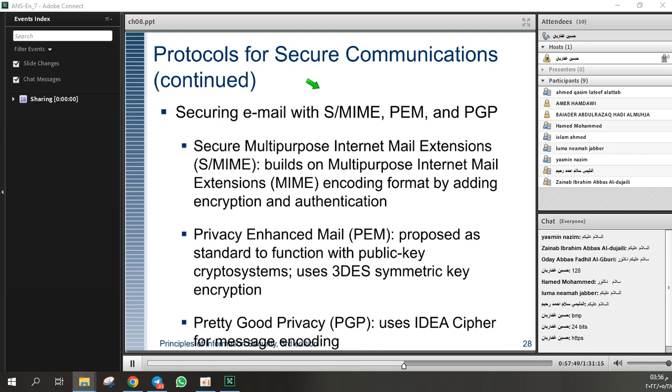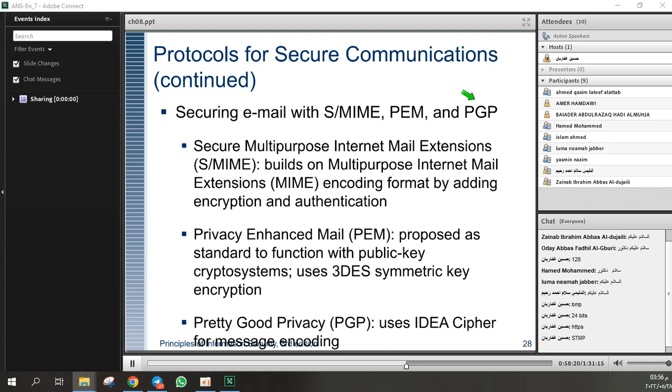What about the email? We can use S/MIME, PEM, and PGP for securing emails. We know that the email protocol, SMTP, is a plain text protocol, same as web, same as HTTP.